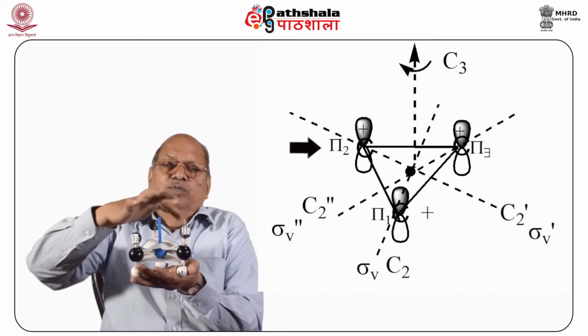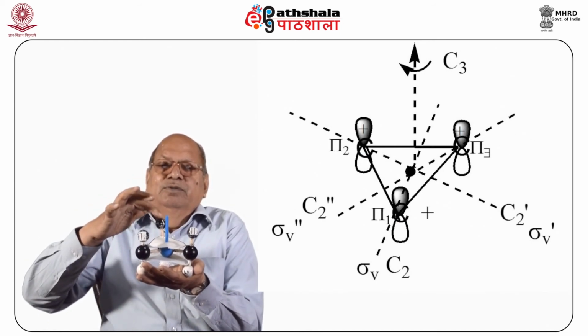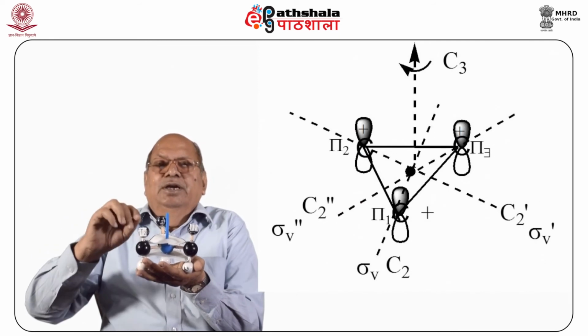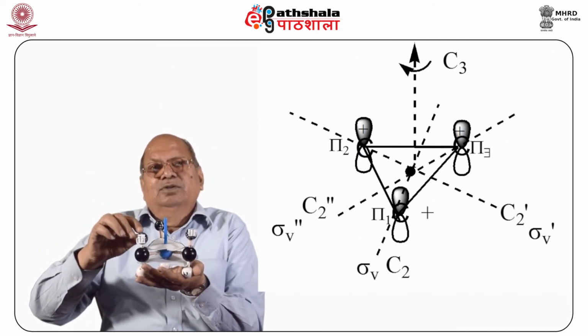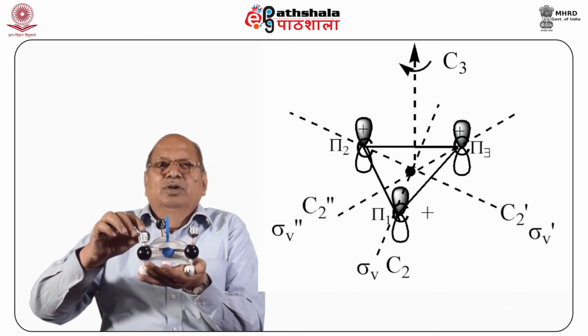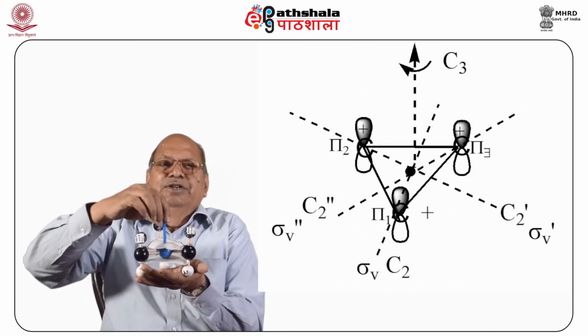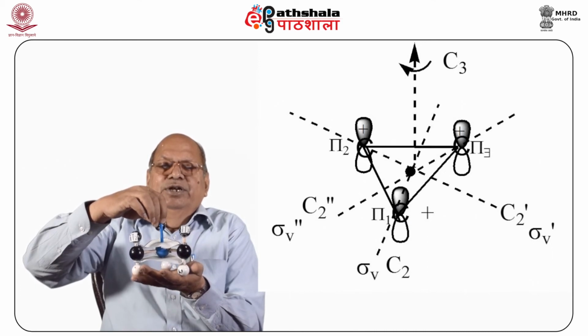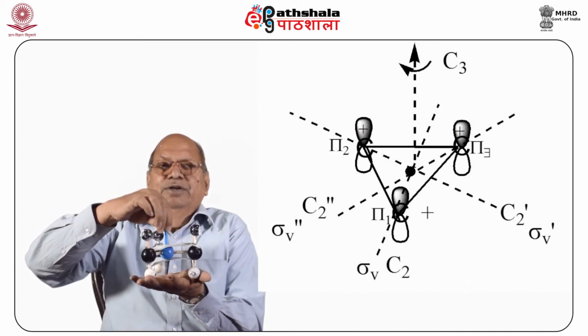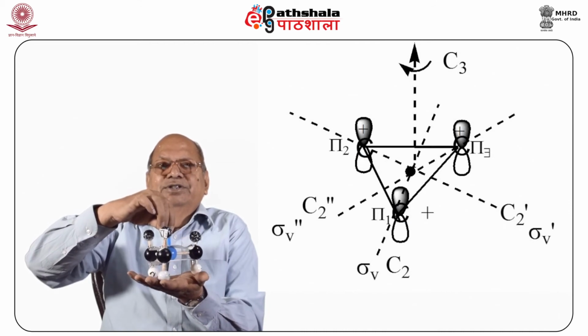This is pi 1, pi 2, pi 3. And I have to see the effect of various symmetry operations of the molecule of this point group. This is my C3 axis. I can rotate all these pi orbitals like this.